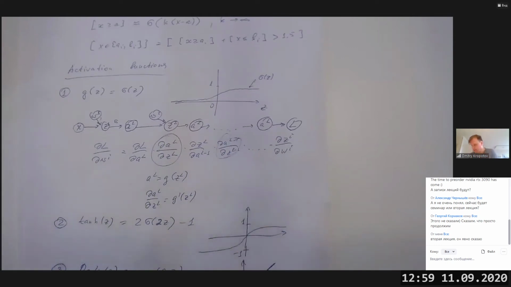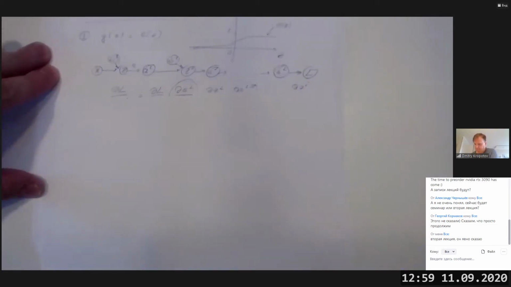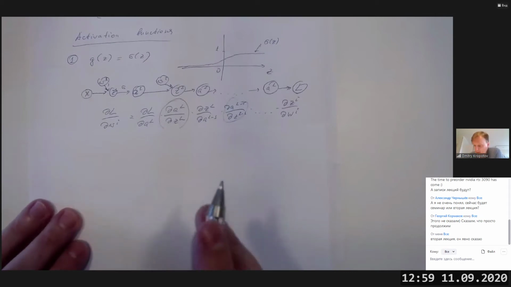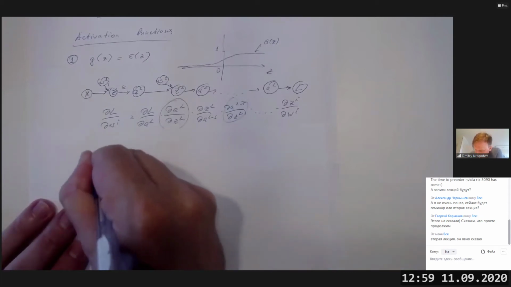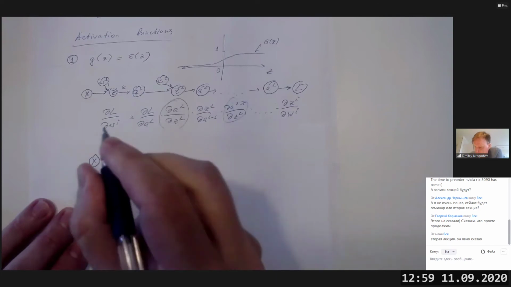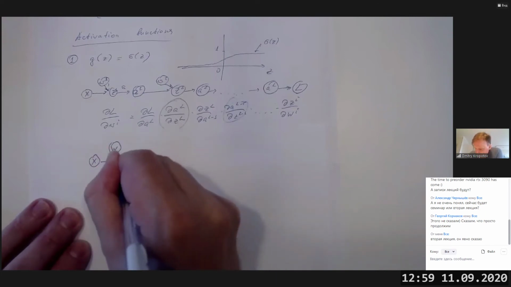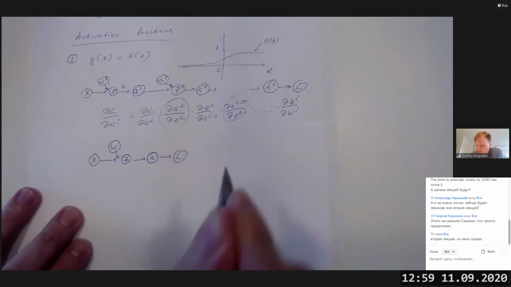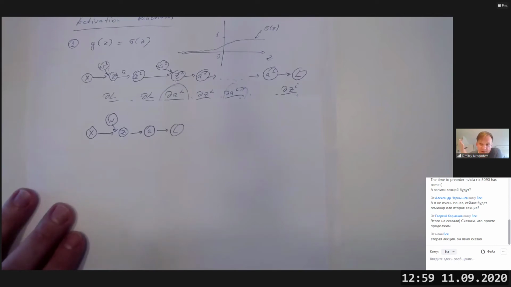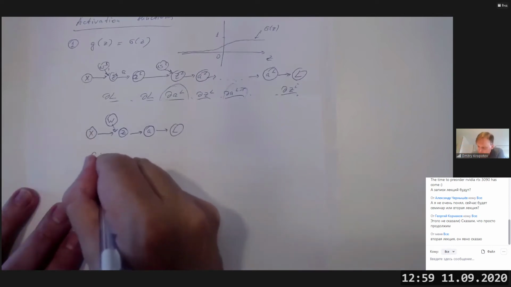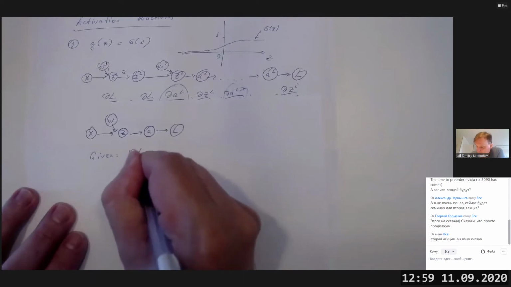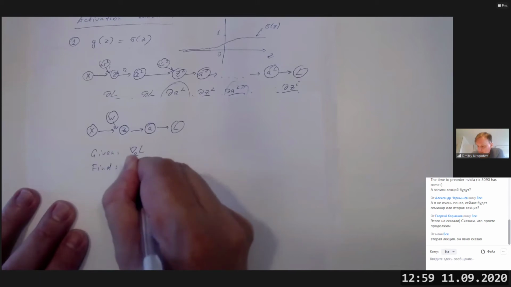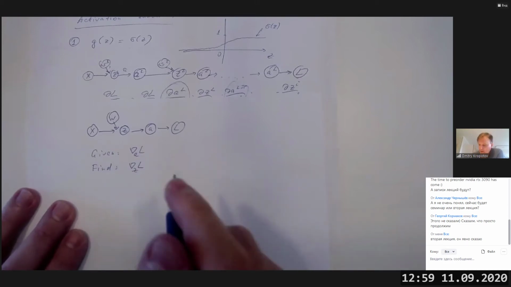For example, if we consider just one step, one layer, we have some input x, we have some parameters w, calculate z, and calculate a, and then go to some function L. So we need to understand just two things: given the gradient of L with respect to activation a, find the gradient of L with respect to z.